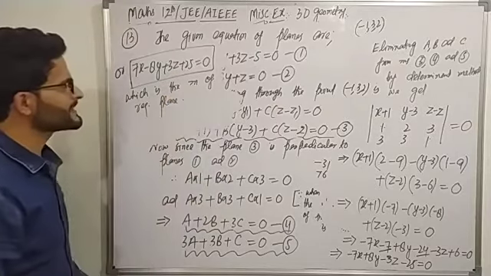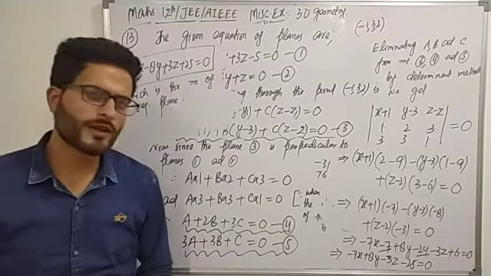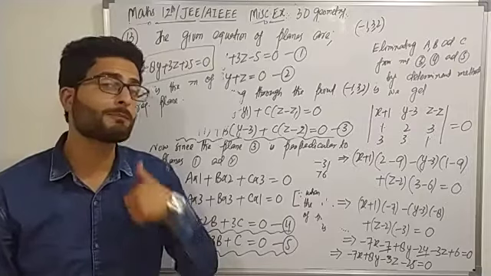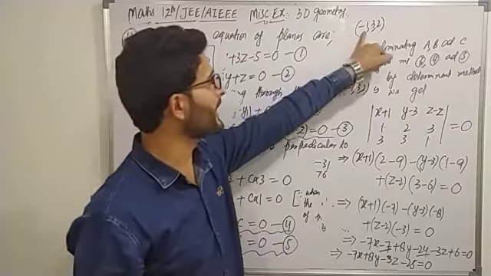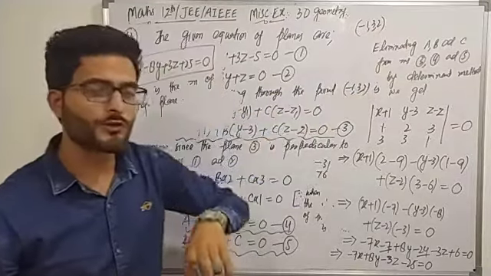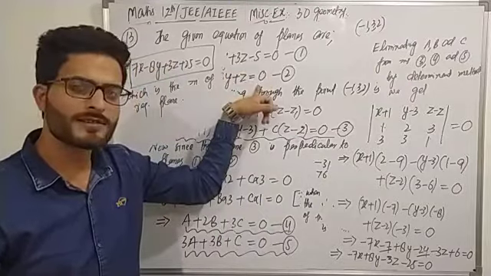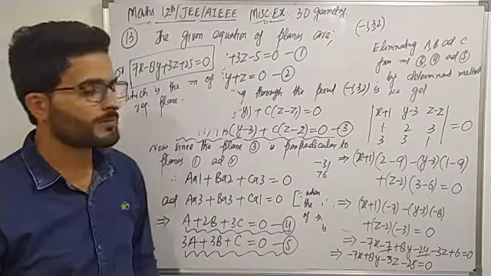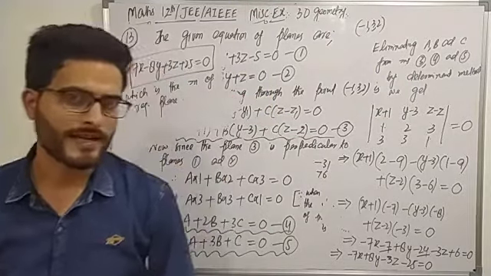So 7x minus 8y plus 3z plus 25 is equal to 0 would be the equation of that plane which is passing through the point minus 1, 3, 2 and is perpendicular to each of the planes first and second. So all about question number 13 of this exercise.